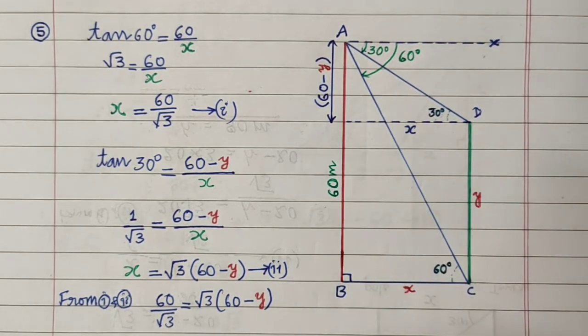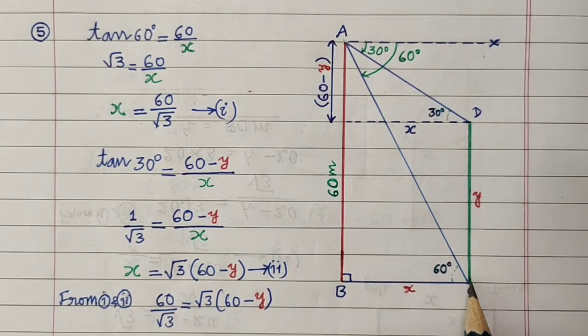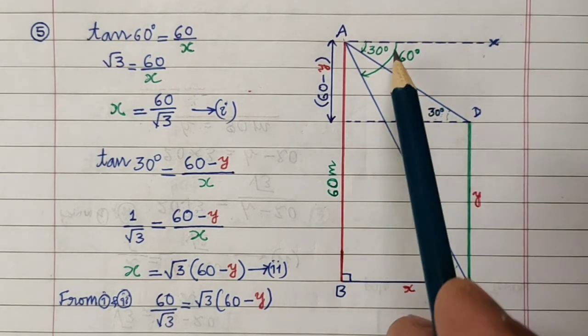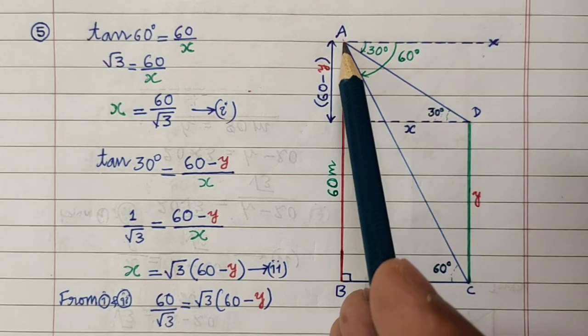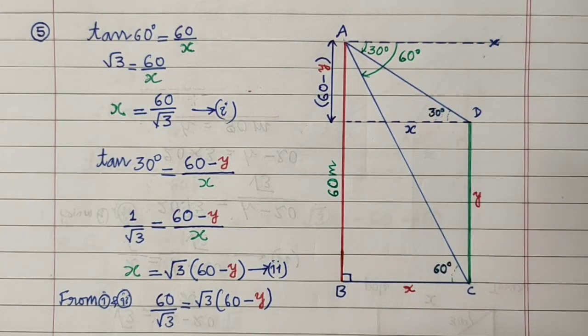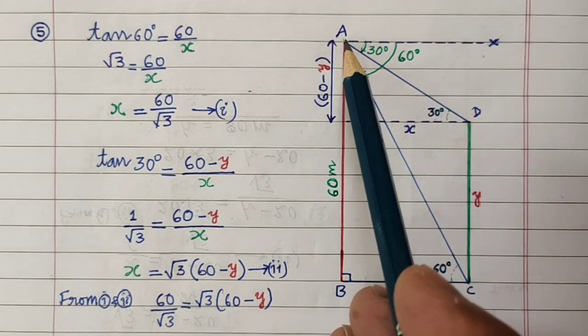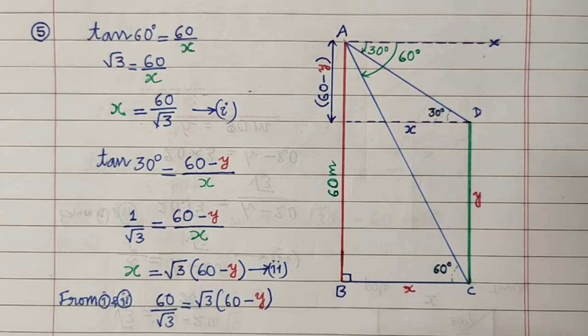From the top of the building to the top of the lamp post, the angle of depression is 30 degrees. From the top of the building to the bottom of the lamp post, the angle of depression is 60 degrees.